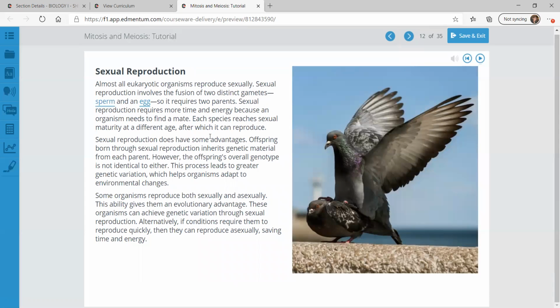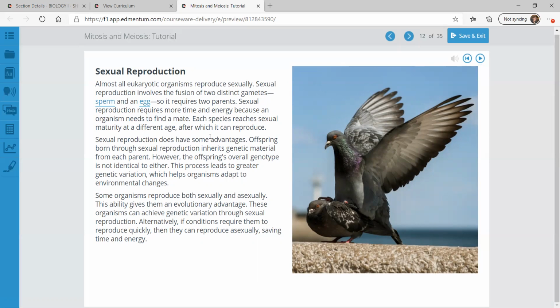Sexual reproduction does have some advantages. Offspring born through sexual reproduction inherits genetic material from each parent. However, the offspring's overall genotype is not identical to either. This process leads to greater genetic variation, which helps organisms adapt to environmental changes. Some organisms reproduce both sexually and asexually.